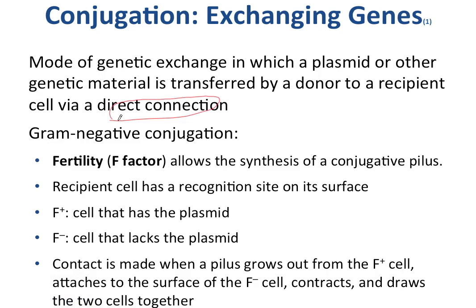So the fertility F factor allows the synthesis of the conjugative pilus. And then the recipient cell has a recognition site on its surface for the pilus. So the pilus can find the recognition site and link these two cells together.